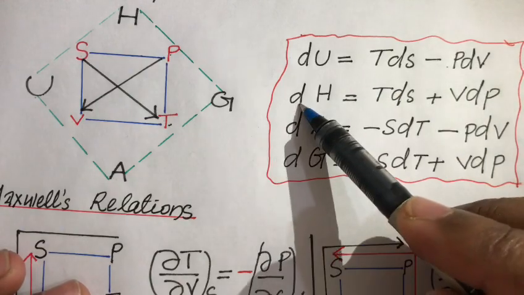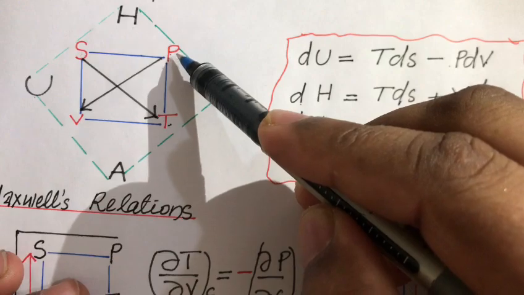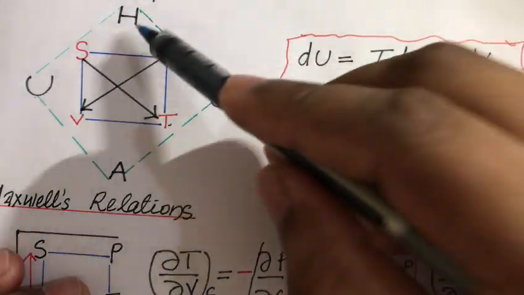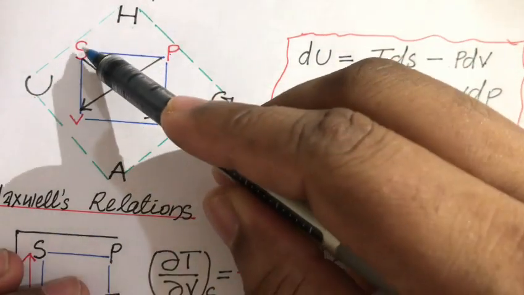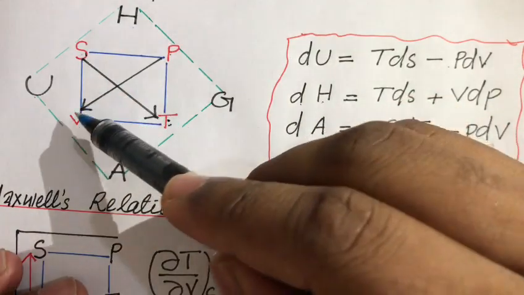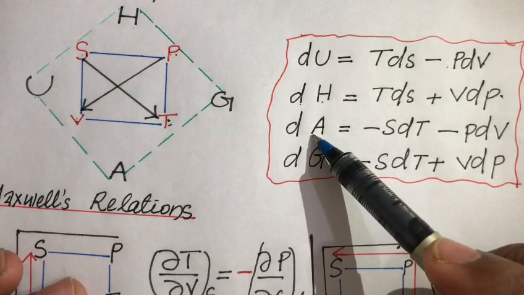Clear? What about dH? S and P are differential variables, V and T are constants. So dH is equal to positive TdS, then VdP: the arrow is towards the constant, so it is positive VdP. What about dA?